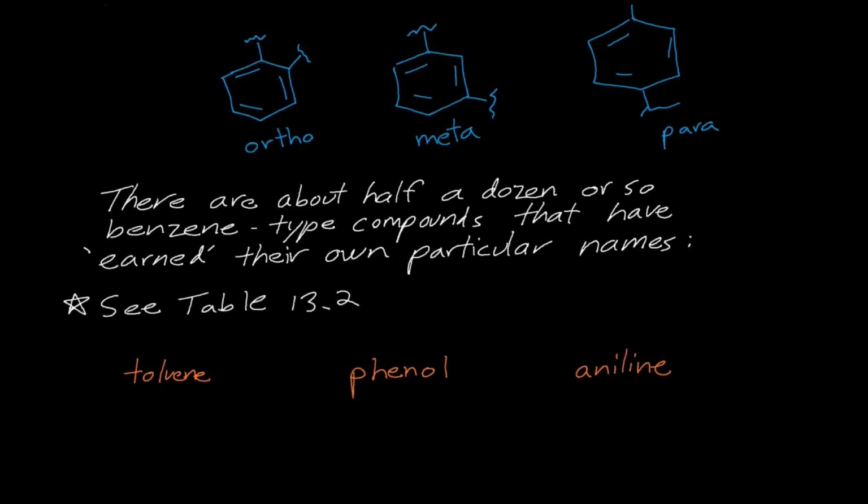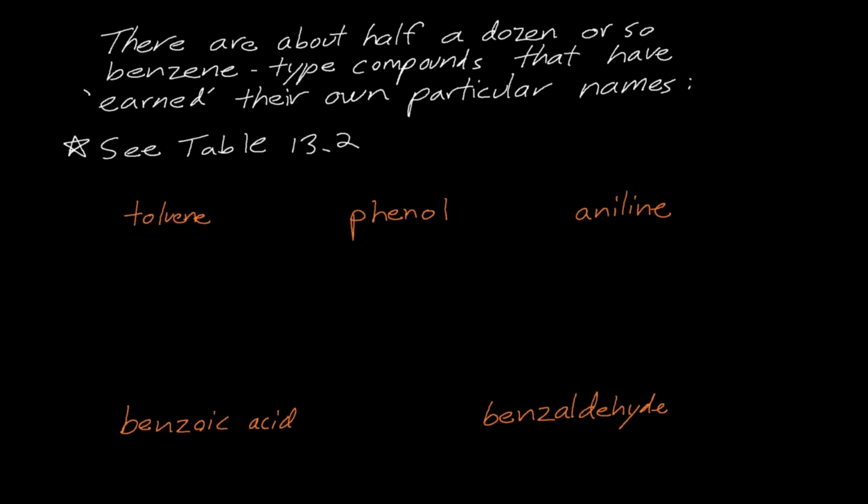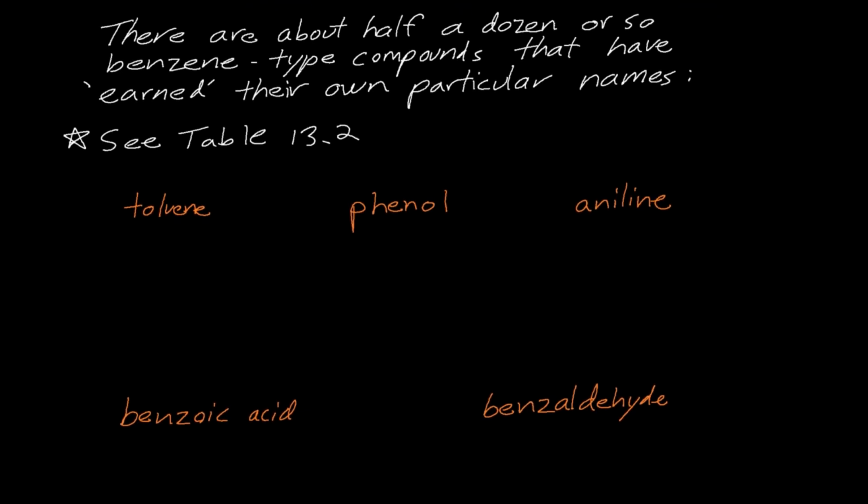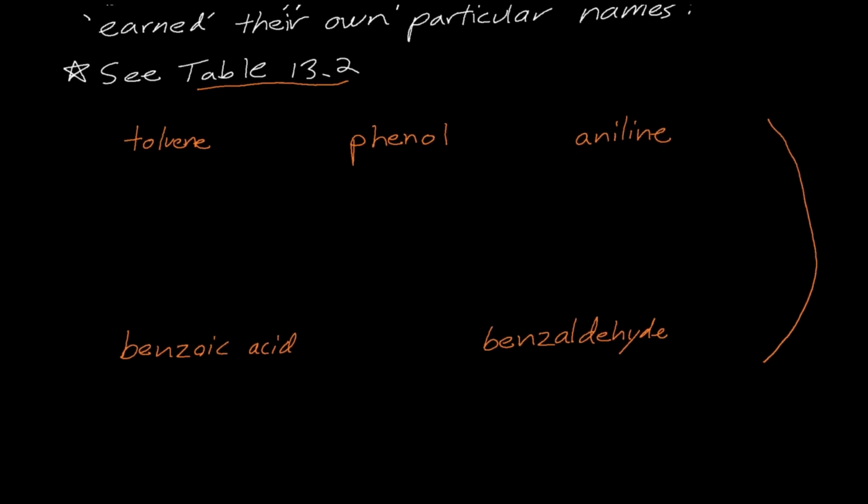Then on top of that, there's about half a dozen or so benzene-type compounds that have their own common names, their particular names, because they're so common actually. So these are shown in table 13.2. The ones from that table that I'm requiring are these, which I think leaves out one or two from the table.